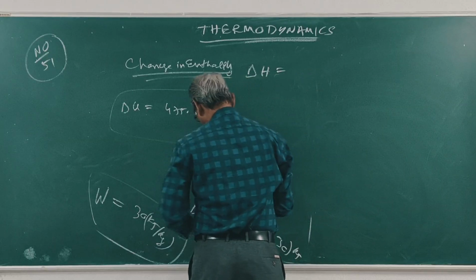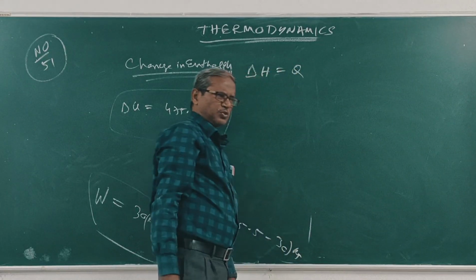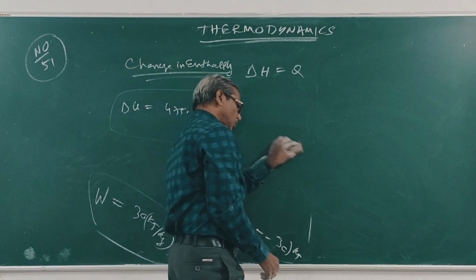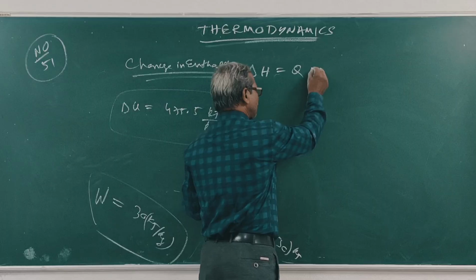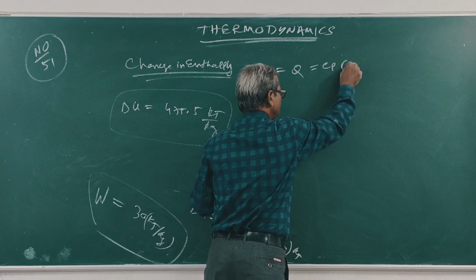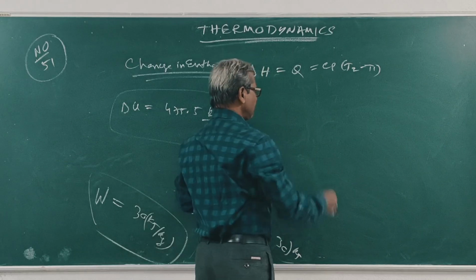Del H is equal to Q. For a constant pressure process, Q is equal to m Cp dT, and del H is also Cp into dT, so both Q and del H are the same.